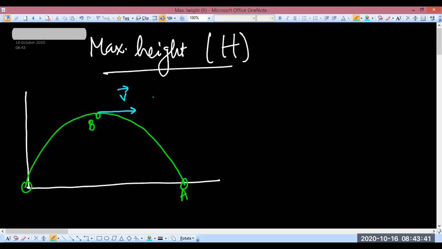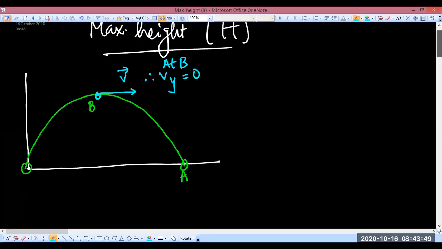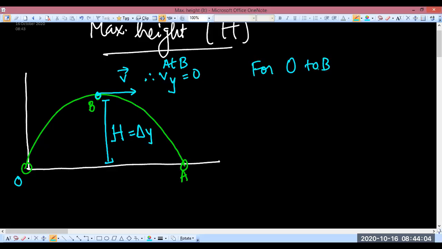All right. So we have Vy equal to 0 at this point B. Clear? This is what I've already explained. Right. So now this is H. I'm sure everyone understands that. And that is nothing but equal to delta y, isn't it? If you go from O to B, delta y is equal to h, right?